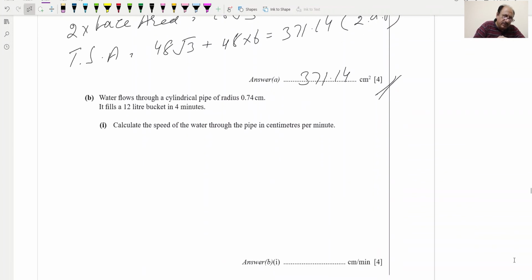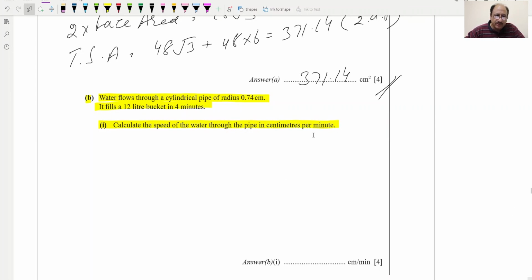Now B part says water flows through a cylindrical pipe of radius 0.74 centimeter. It fills a 12-liter bucket in 4 minutes. Calculate the speed of the water through the pipe in centimeters per minute.